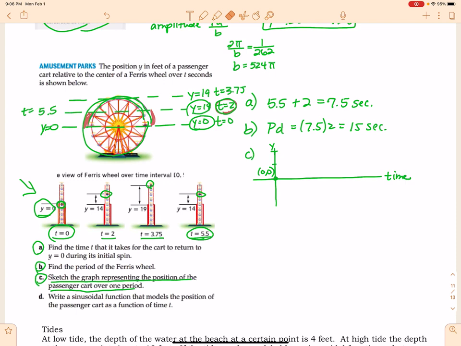As we go through 2, we get y equals 14. As it curves up, that's what's happening. And then once it gets to a peak, that's at 19 and 3.75.